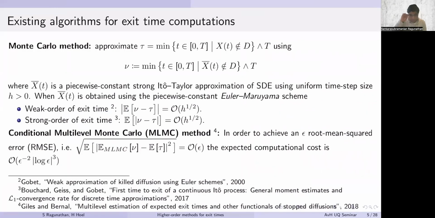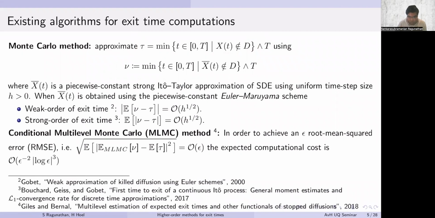So now that we established what our focus is going to be on, we are interested in computing the exit time of the actual process, which is given by the terminology tau here, using a numerical scheme, specifically a strong Ito-Taylor scheme of a certain order gamma. And we consider that the numerical process is piecewise constant in between times.